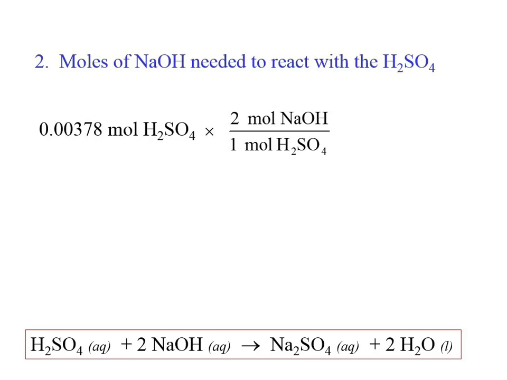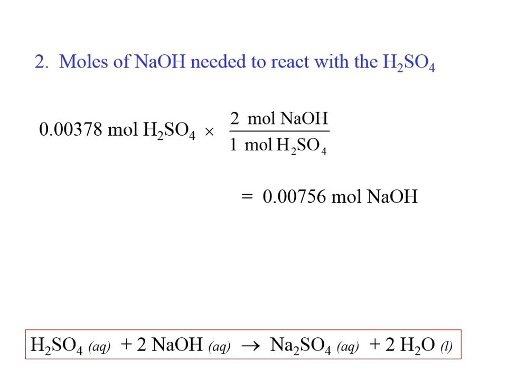So you see where those numbers came from. Those are stoichiometric coefficients. Okay, so this came from here. Okay, and this came from here. So there's no uncertainty brought by the coefficients, so it looks like 0.00756 moles of NaOH.